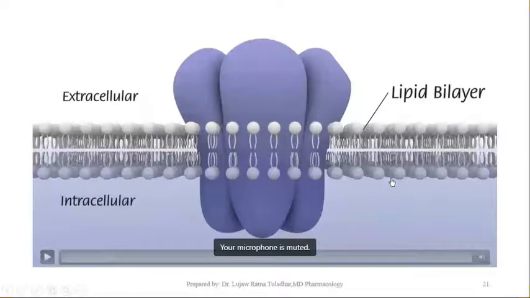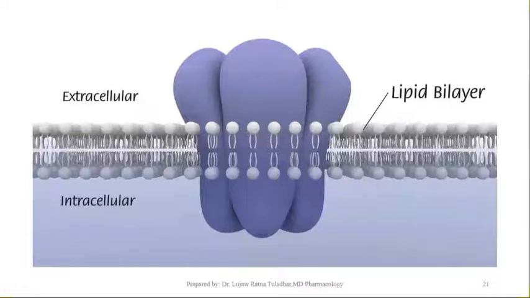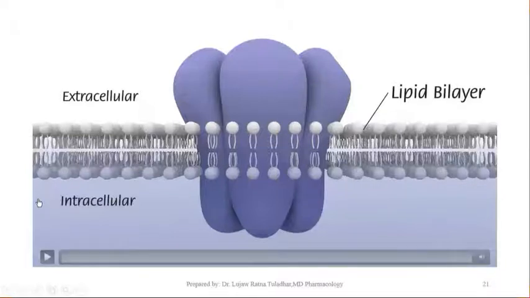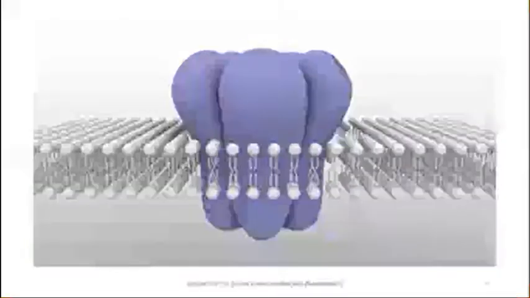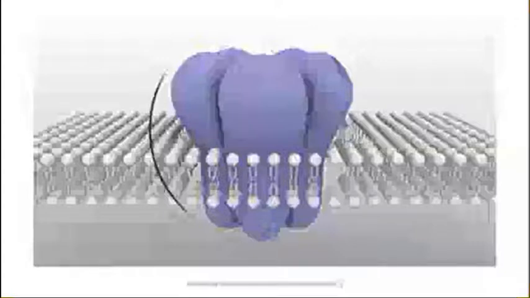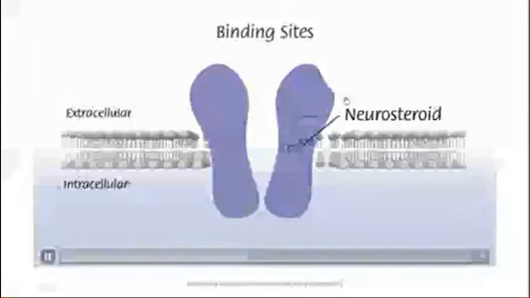Now this is the GABA receptor. It is a pentameric receptor with 2 alpha, 2 beta and 1 gamma subunits. We have the extracellular part and the intracellular part. We have the benzodiazepine binding site, the barbiturate binding site, and a GABA binding site also.